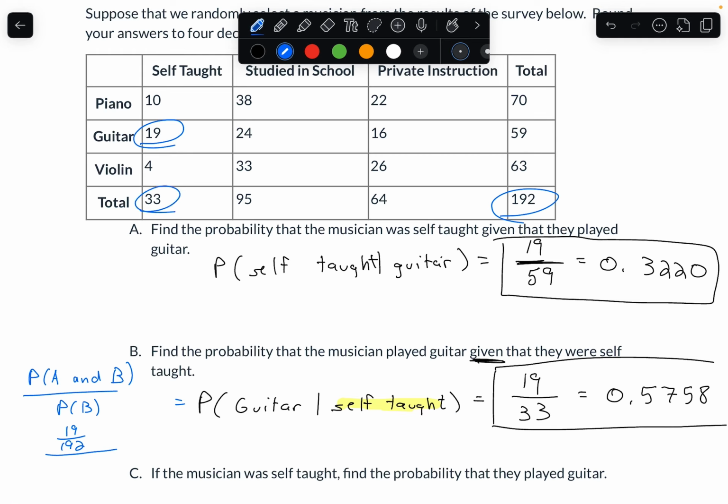Well, I had 33 of those individuals out of a total of 192. Now, if I divide these out, and if you're going to do that, be careful, make sure you use parentheses around these when you're using the calculator, you should end up with the exact same answer that you did over here. So both results should get you to the same probability.